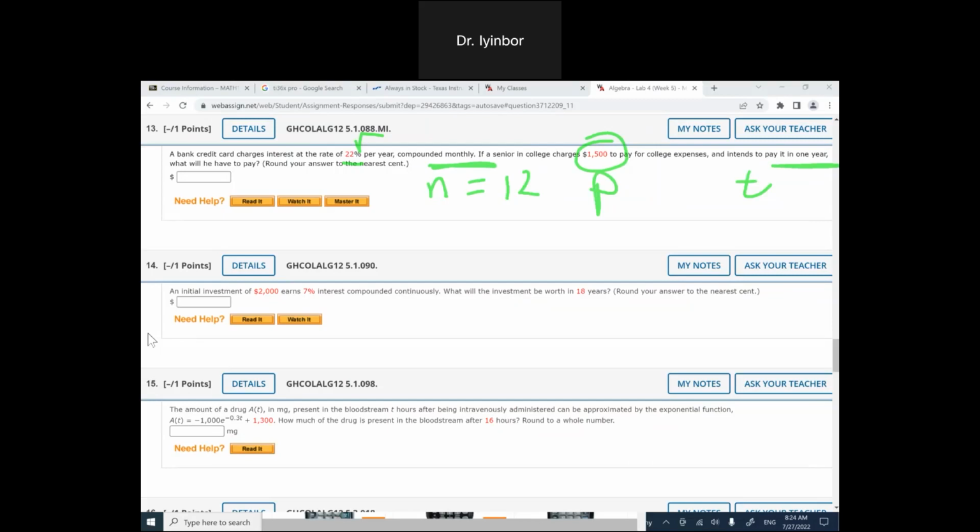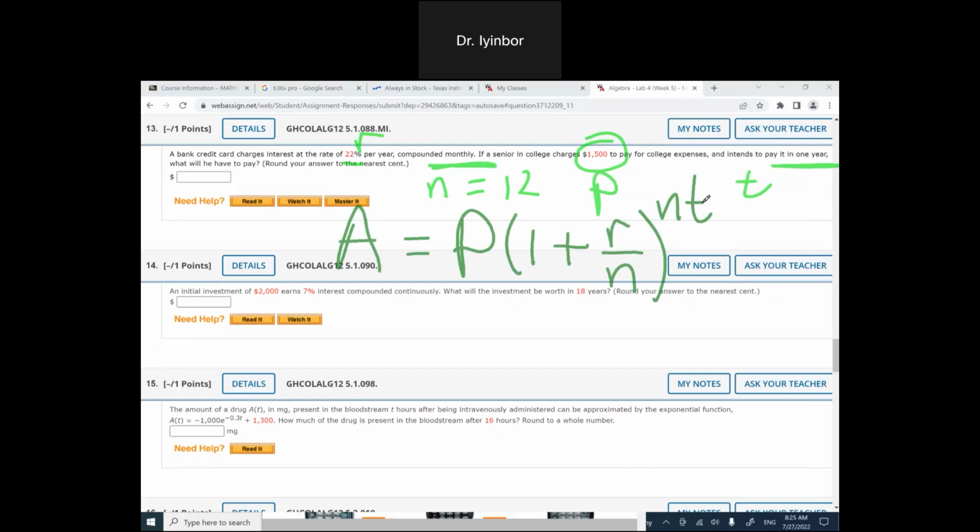So the question is, what is going to be the amount? So I'm going to write the formula you're going to use from the formula sheet. The amount is going to be the principal, and then the formula is 1 plus r over n with exponent nt. So I'm plugging the numbers now.